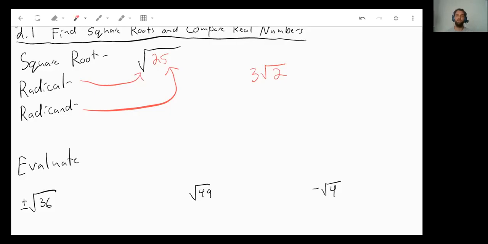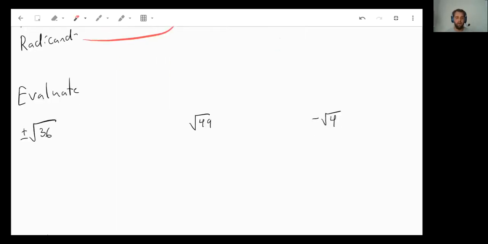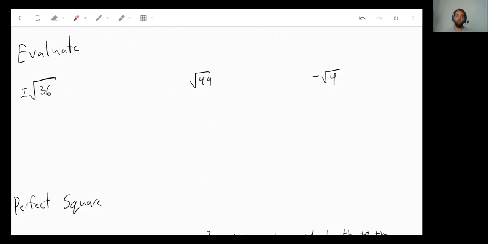So let's do some practice problems from the book. You might be asked to evaluate. And remember, when you multiply two numbers together, say 6 and 6 to get 36, you could multiply both positive 6 and positive 6 to get positive 36, or you can multiply negative 6 and negative 6 to get positive 36.